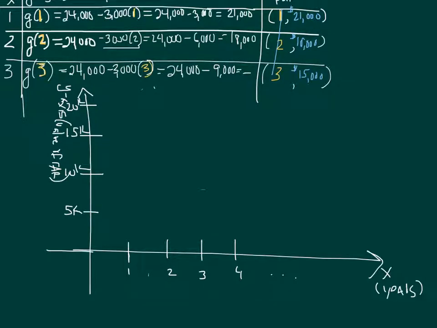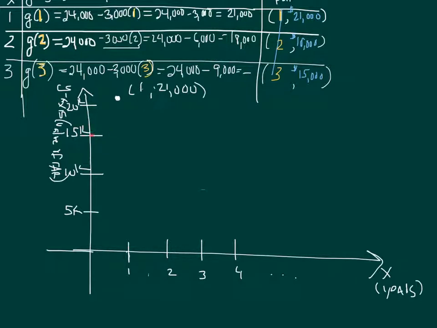So 1 comma 21,000, so after 1 year, the car's value, started at 24,000, is, well, this is 20, so we're just kind of approximating. So this is 1 comma 21,000. And then we have 2 comma 18,000.